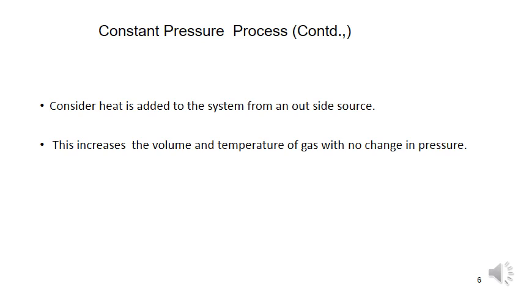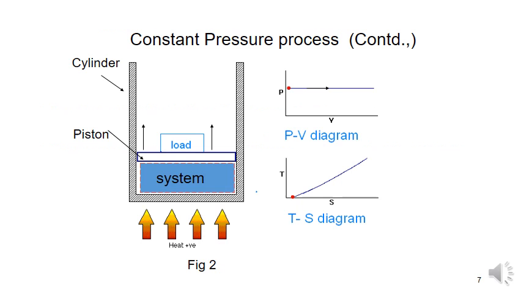So if we give heat to the system, the volume and temperature of the gas increase, with no change in pressure. Otherwise, if heat is removed from the system, the volume and temperature decrease, but there is again no change in pressure.